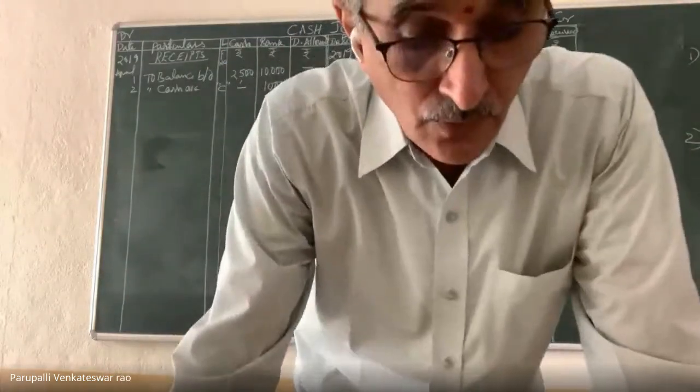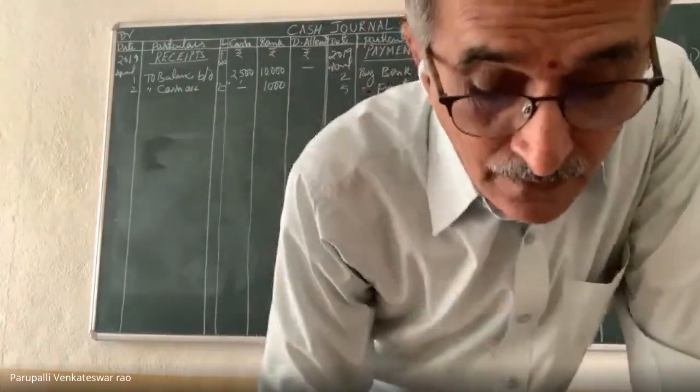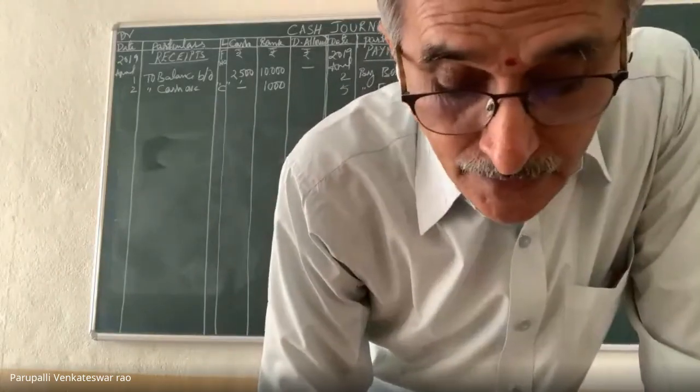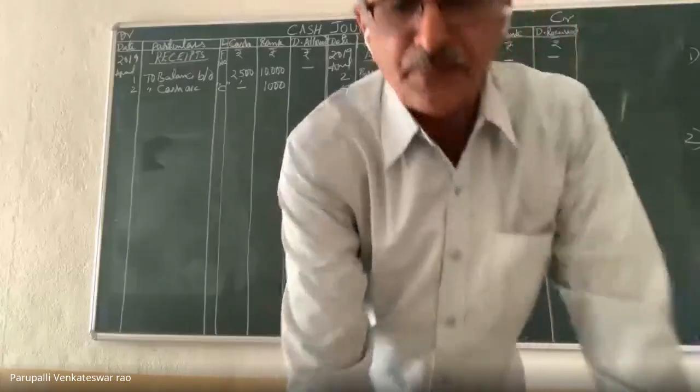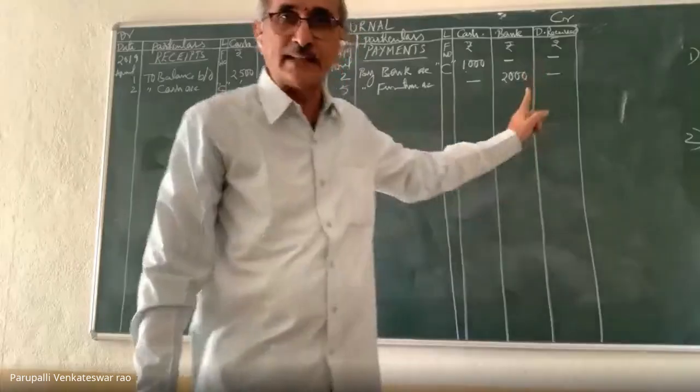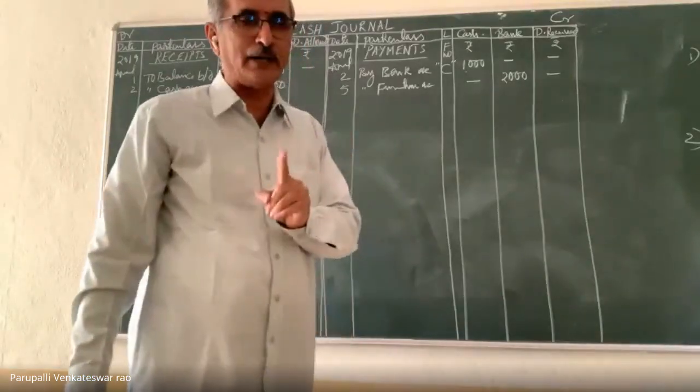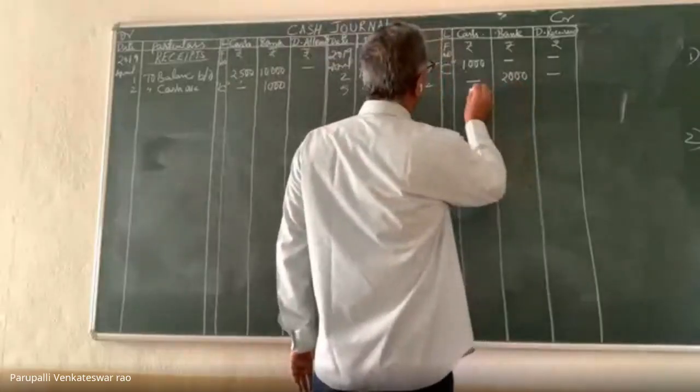Next one. Purchases. Goods for cash. Payment or receipt? Payment. Go to right side, credit side. Cash paid or bank paid? Cash. Cash column. What is the amount? 500. So write 500 in the cash column.